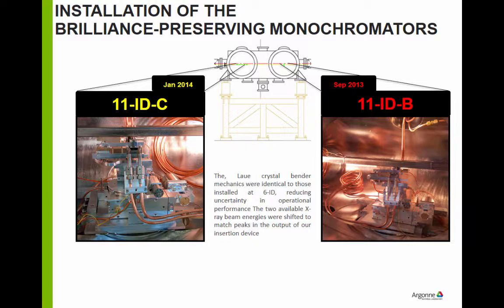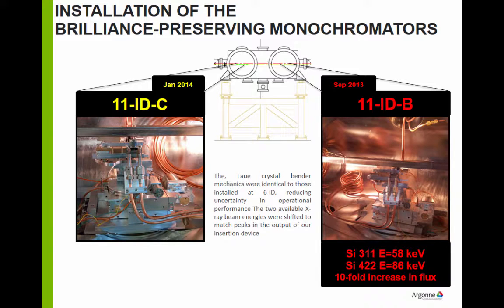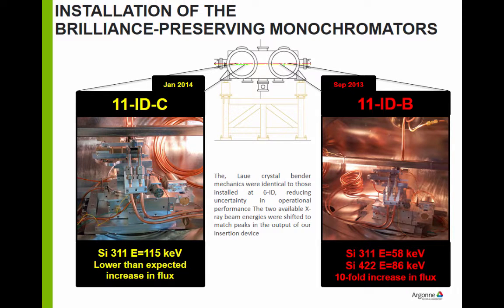And the idea was, again, to increase the brilliance. It worked quite well for 11IDB, which was introduced first, where we immediately saw a tenfold increase in the beam intensity at the sample for the main 311 reflection. The case for the mono C was not as great. We saw some increase, but it wasn't that great.